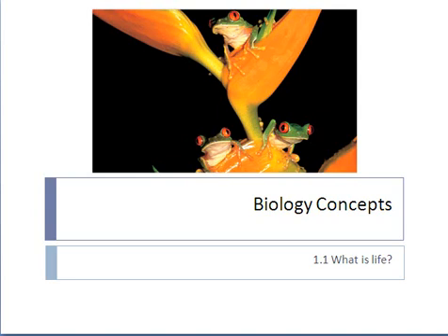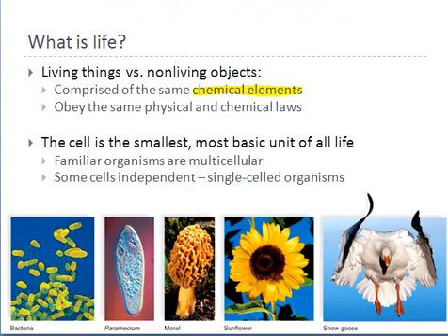But if we look at a definition of life, it's really almost impossible to define life in one simple statement. Usually, when we look at life, we are comparing living objects versus non-living objects. So, for example, a non-living object would be a rock versus a living organism such as a bat or a tree.